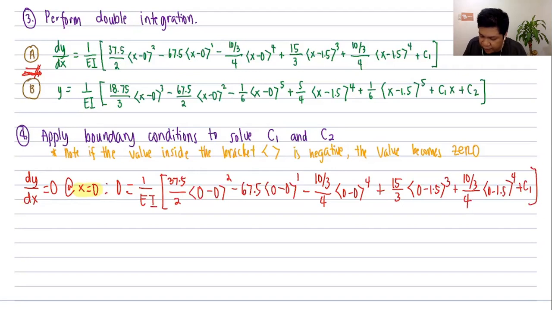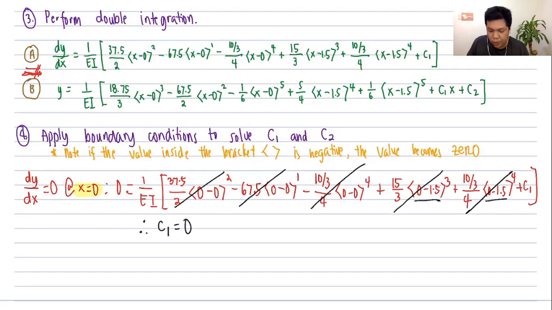If we evaluate, 0 minus 1.5 is negative, so that becomes 0. Therefore, C1 is equal to 0.